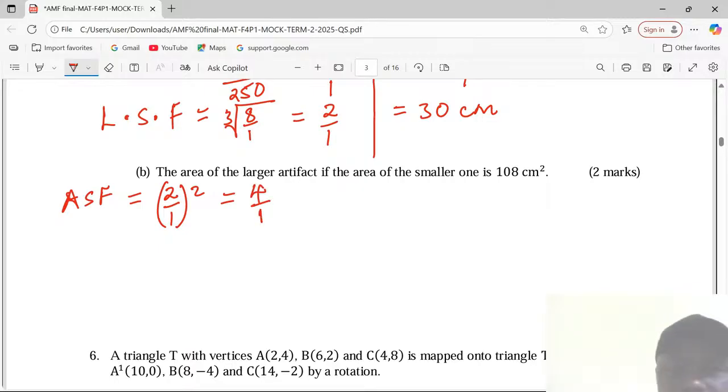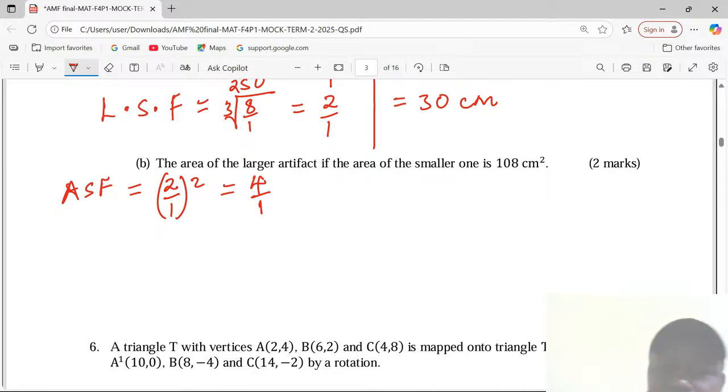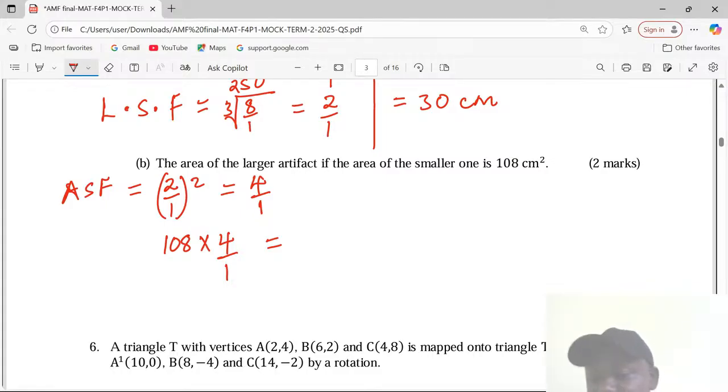Now we are already given the area of the smaller. We need that of the larger. So we need to take 108 multiplied by 4 out of 1. When we carry out this multiplication, 108 by 4, we are getting 432.